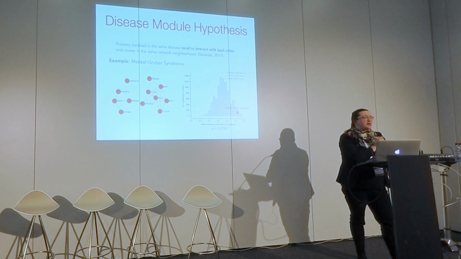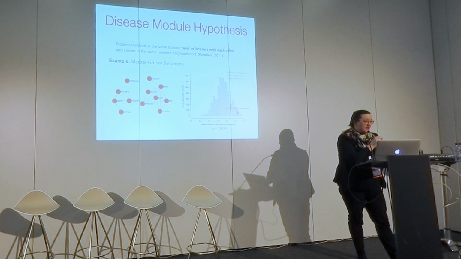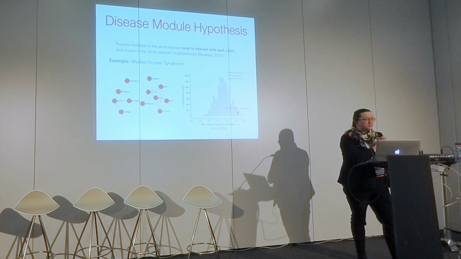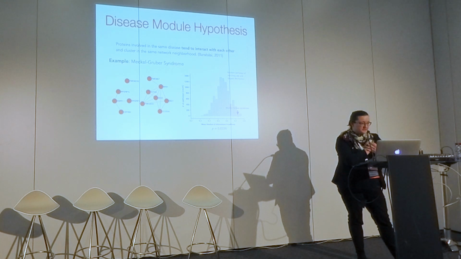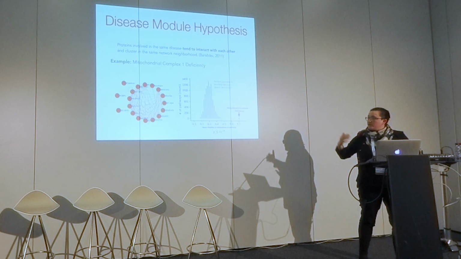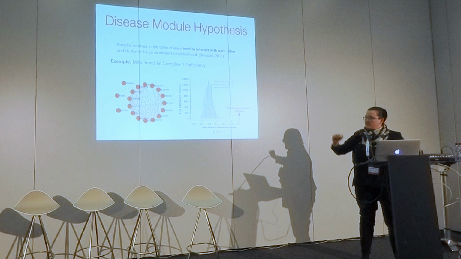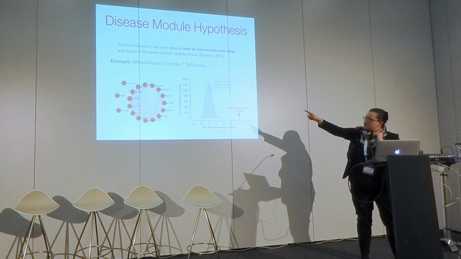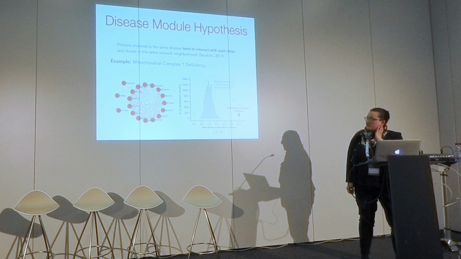That is similarly as we expect, for example, in friendship networks on Facebook, that people with the same interests will form clusters or groups, or people that went to the same high school will also form groups in friendship networks. And there are many diseases where we actually see that this is the case. For example, for mitochondrial complex 1 deficiency, these are the disease proteins for that disease.